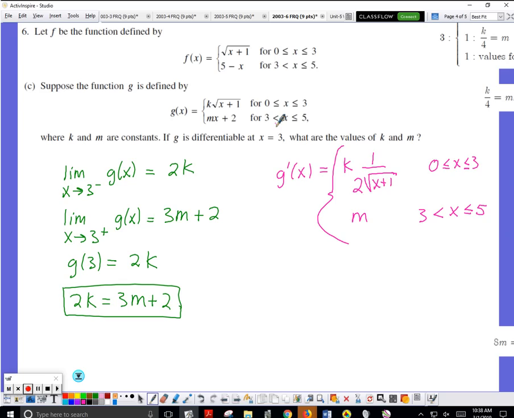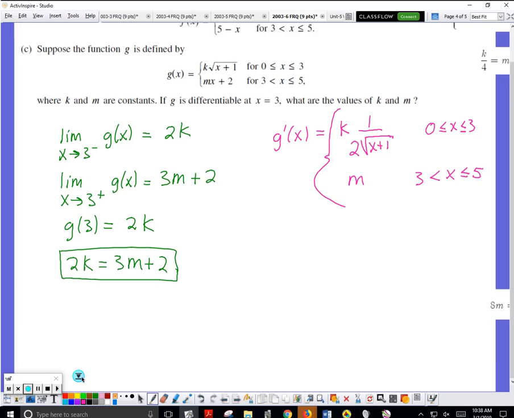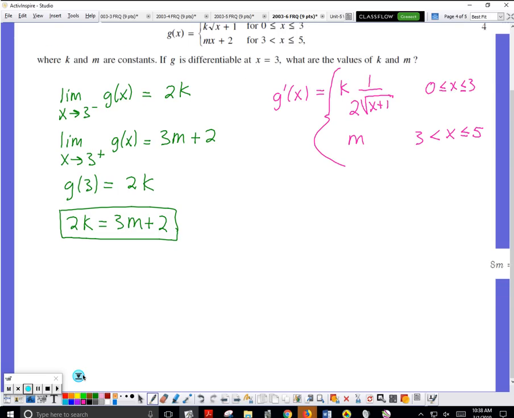So to prove differentiability, you have to do this again with G prime. So I find the limit as x approaches 3 of G prime. So that's this one. That's 3 plus 1, so that's 1/4 k roughly. That would be the limit.